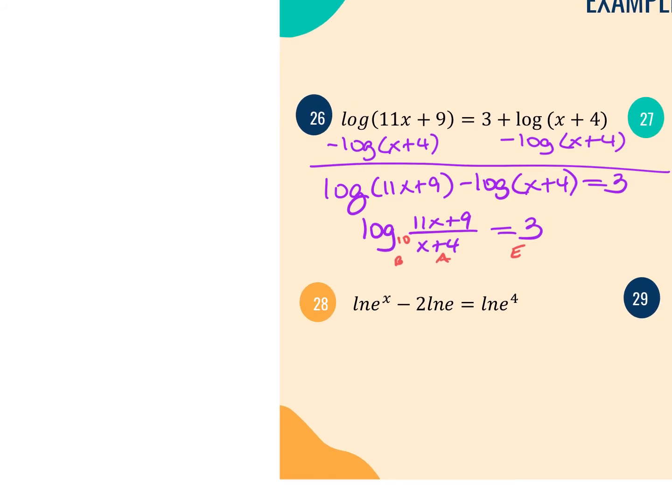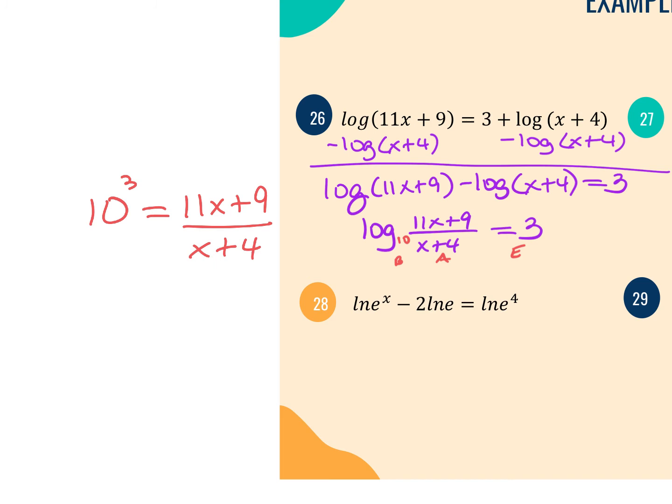So I'm going to be doing 10 to the 3rd power equals 11x plus 9 over x plus 4. Now, you could have also changed the 3 and made it into the log base 10 of 1,000. But again, let's just do it this way with exponential.